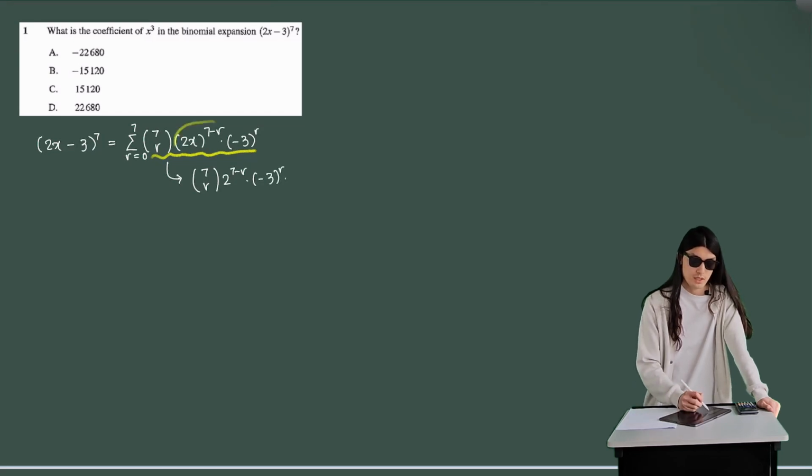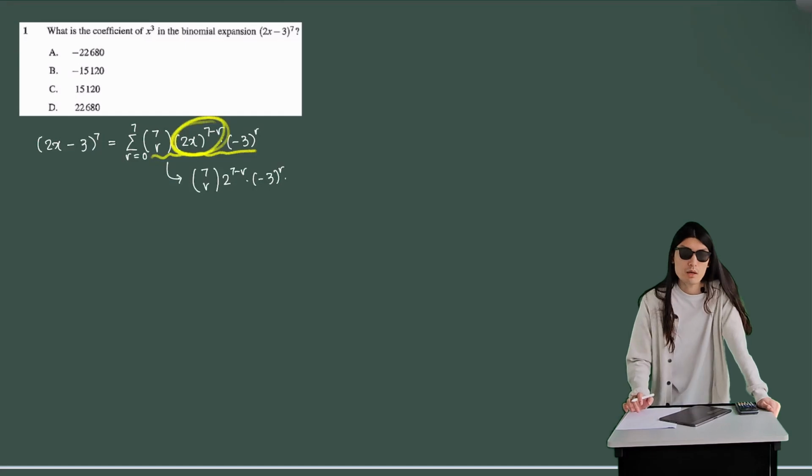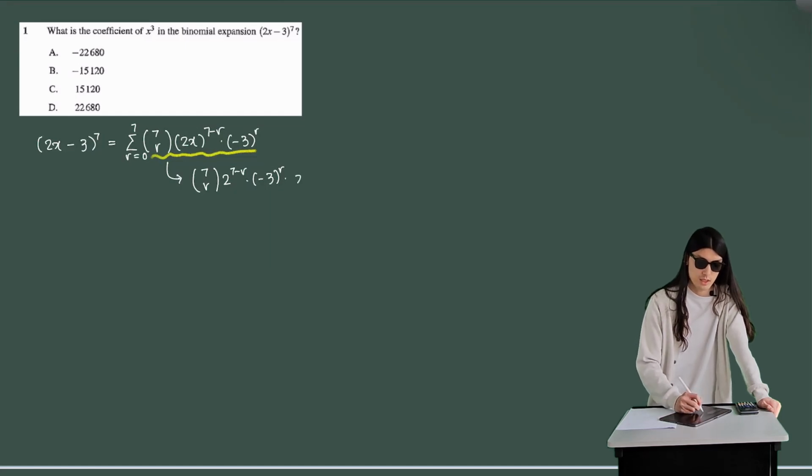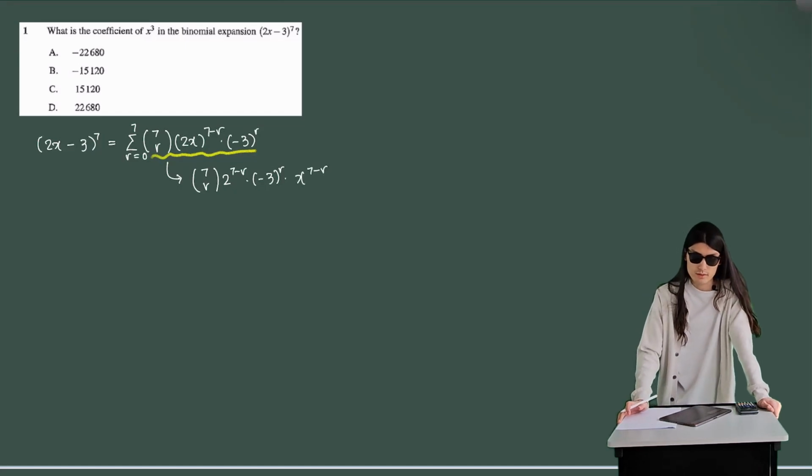Essentially what I did is this term in the middle, (2x) to the power of 7 minus r, I applied index laws to split that up into 2 to the power of 7 minus r. And of course I would also need x to the power of 7 minus r, which I will write at the end of the expression.